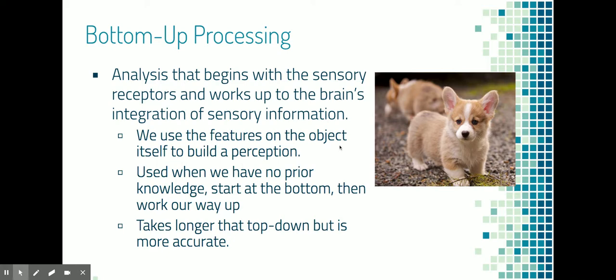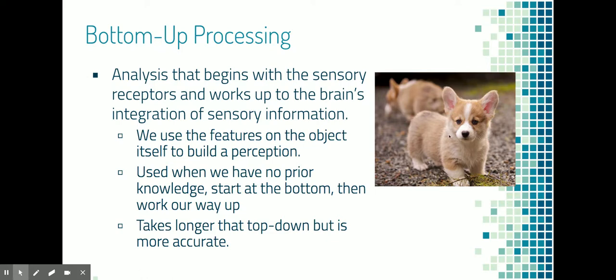So, for example, when I showed this same image on the last slide, if you have no experience with dogs, you don't know dog breeds, it's just not something that you've had experience with, that you've been into, that you've been exposed to, you would look at this animal and your eyes are taking in the image that's striking your retina, and you start working your way literally almost from the bottom up.